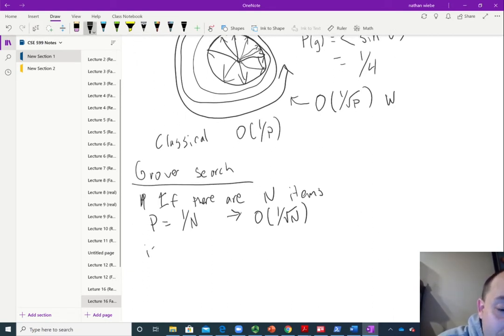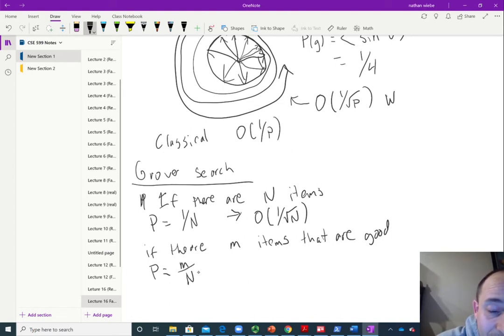However, if there are m items that are good, then the probability that we get a good one is actually m over n.